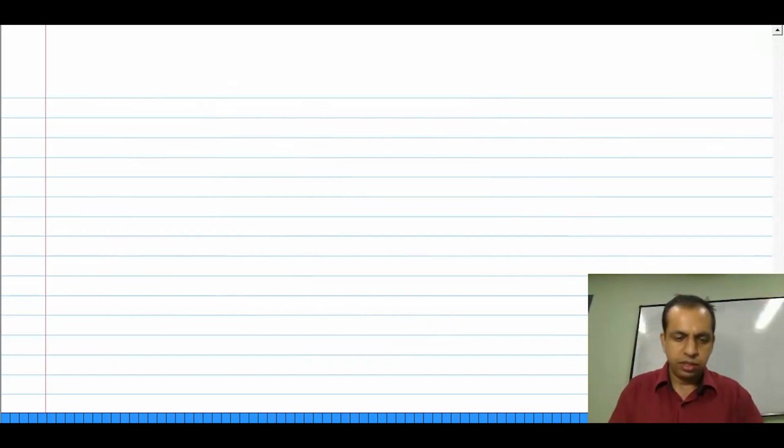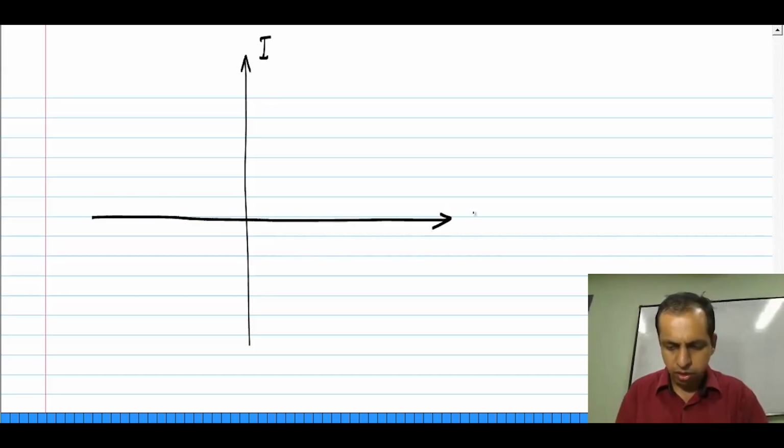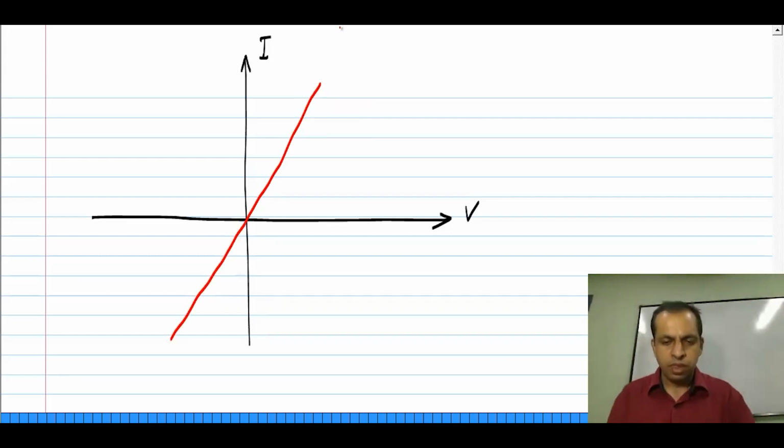We can also see this graphically if I plot the IV characteristics of a resistor. This we have done earlier while discussing the resistance. Now, whatever the value of the resistor, the curve is always a straight line with a positive slope.